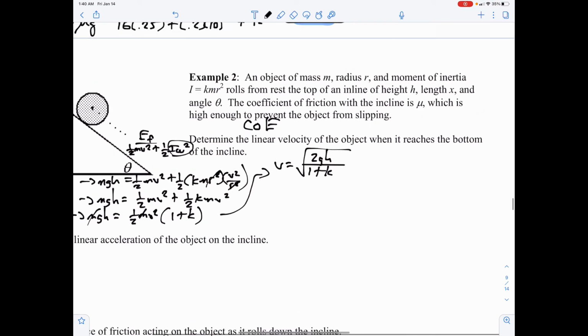Now, check the list of variables. I can use h, I can always use g, and k is part of the moment of inertia, so that works as well.